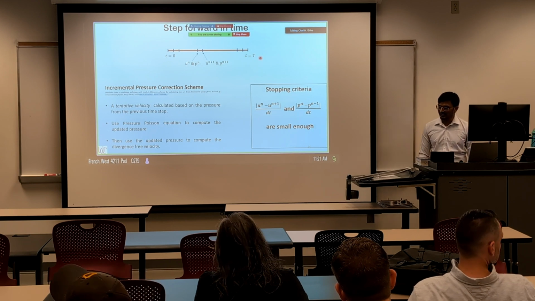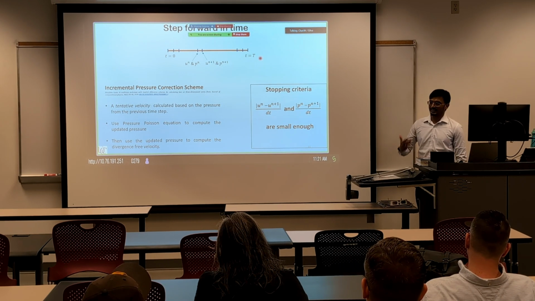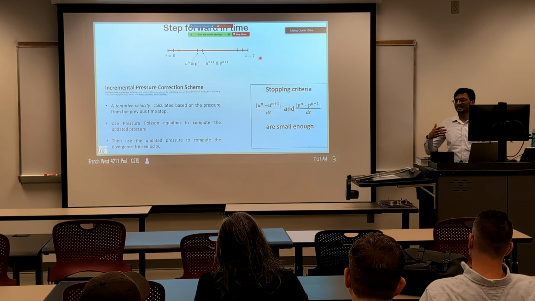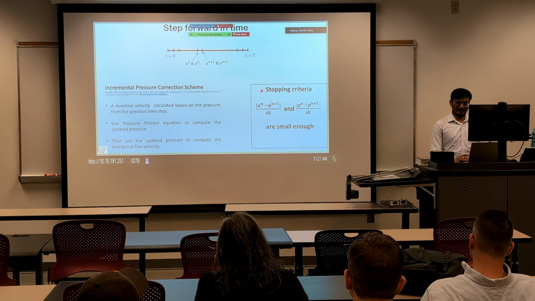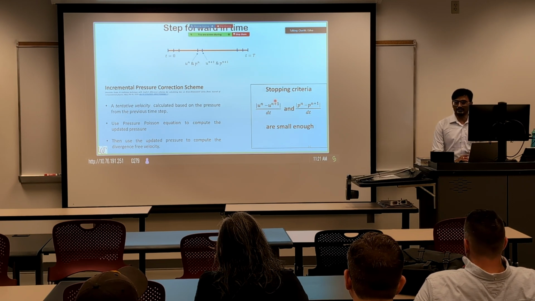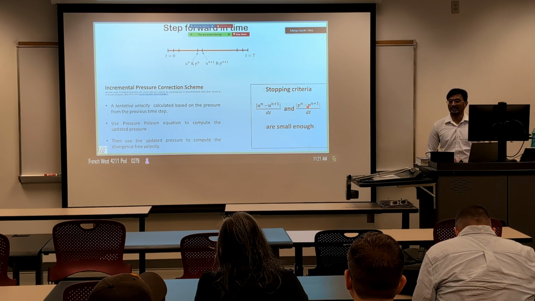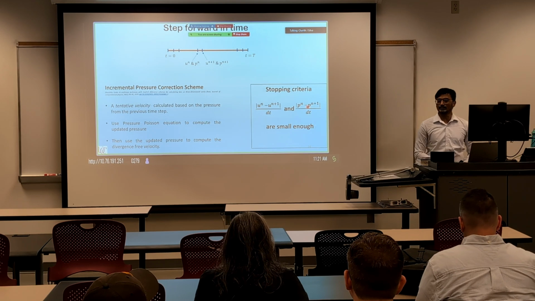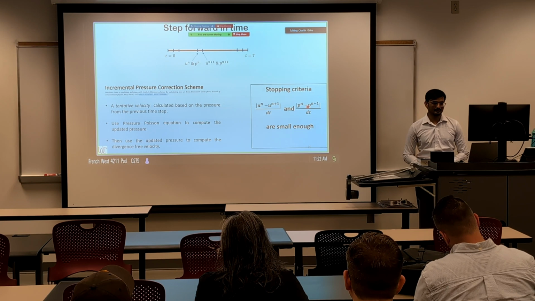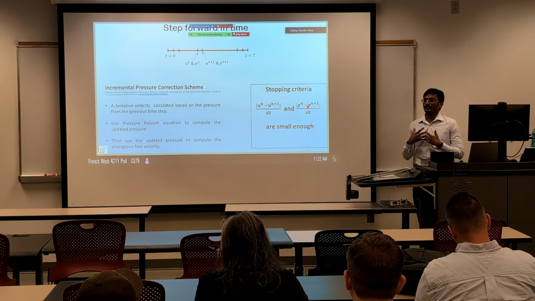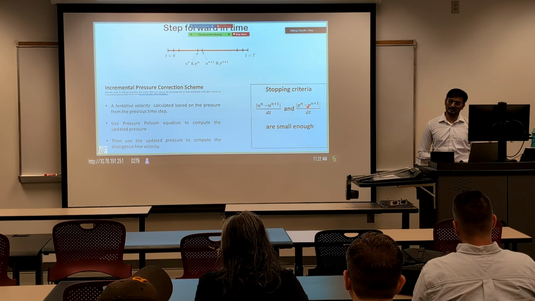So what we did was, at each time step, we check whether the time derivative of the velocity and the time derivative of the pressure are small enough. If they are small enough, we break the loop and do not let it continue to run up to the end time. That way it avoids the unnecessary calculation while achieving stability.